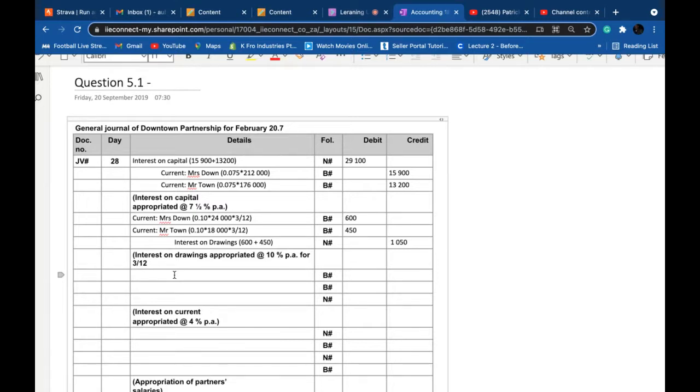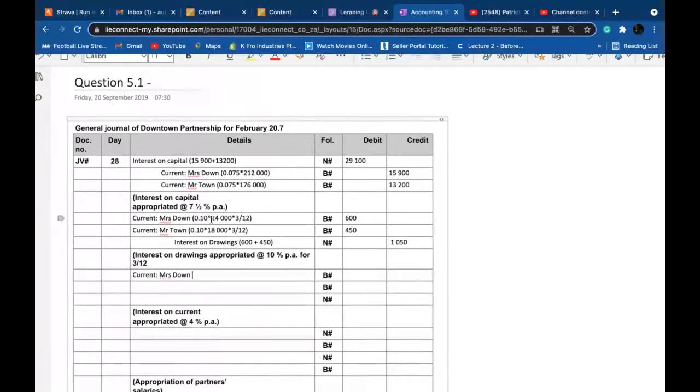Since it's a debit, that means we're actually going to penalize her, because we know the current account is an equity account, and equity accounts increase on the credit side and decrease on the debit side.